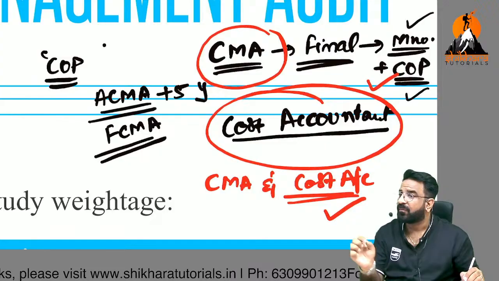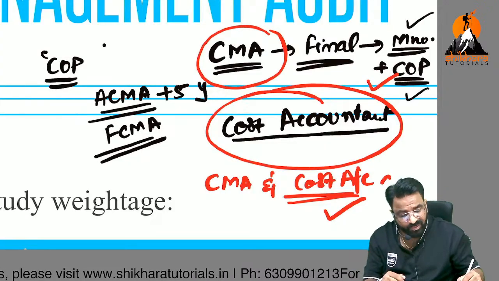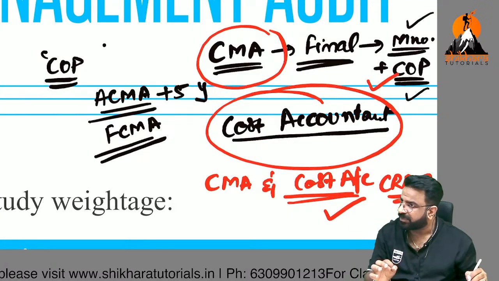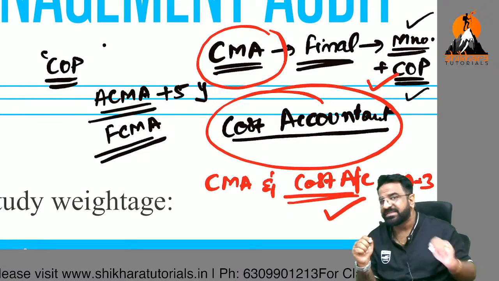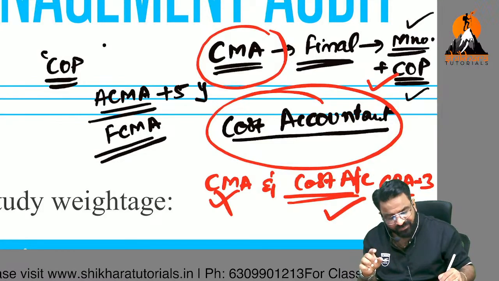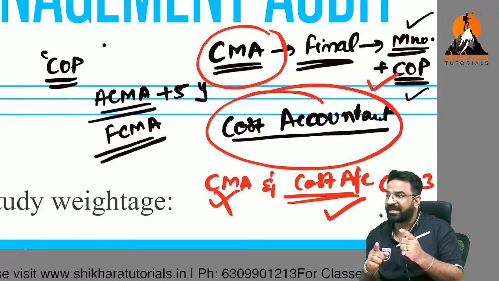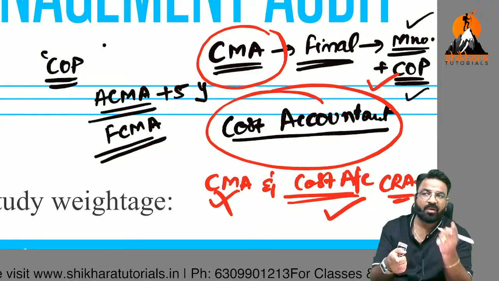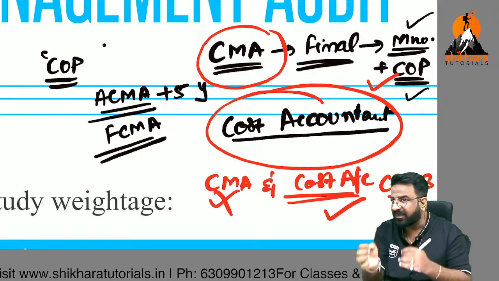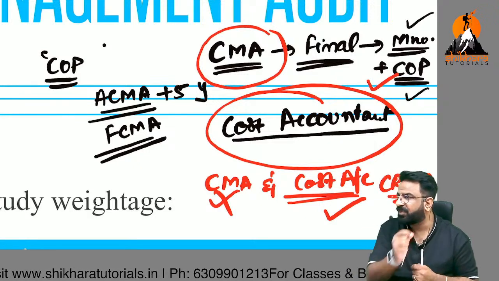What do you mean by signing authority? When the cost audit report under form number CRA 3 is issued, the COP holder has the signing authority. A CMA will also do the audit, but does not have signing authority. That is what creates the difference between a cost accountant and a CMA. So the COP gives you the signing authority to sign the audit report.